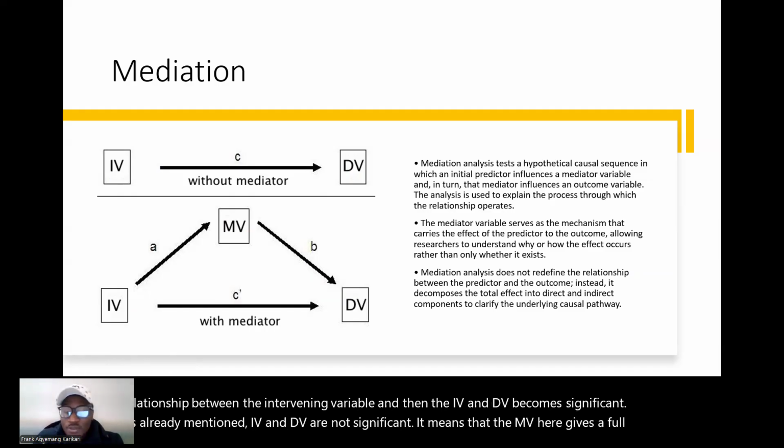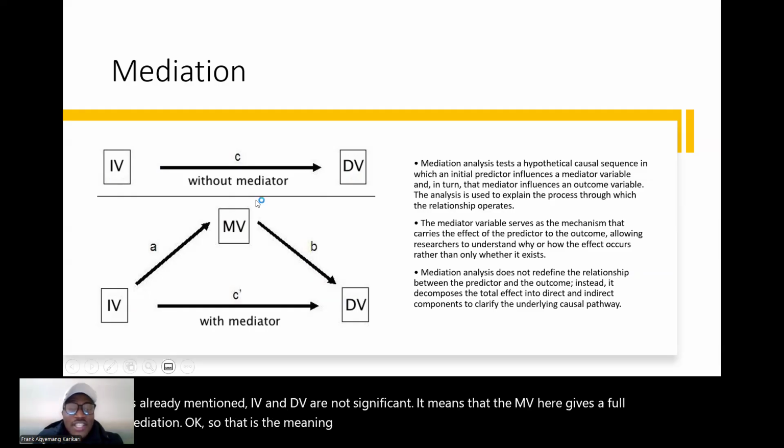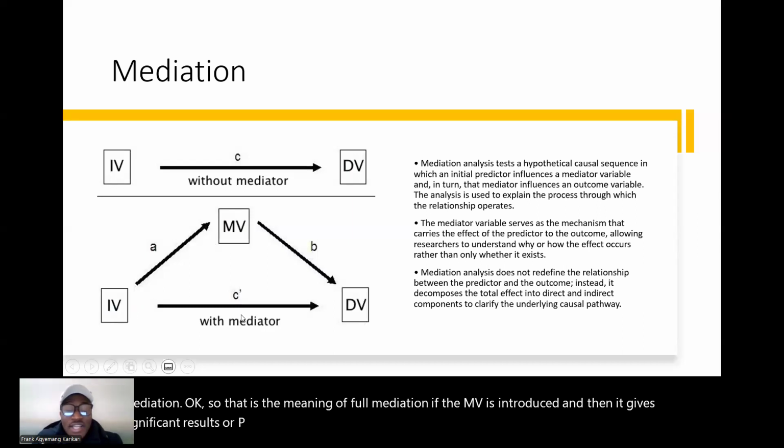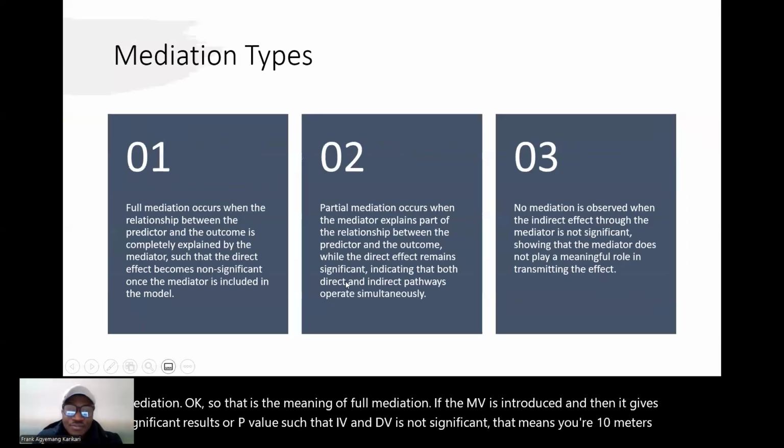Okay, so that is the meaning of full mediation. If the MV is introduced and it gives significant results or p-value, such that IV and DV is not significant, that means we term it full mediation.